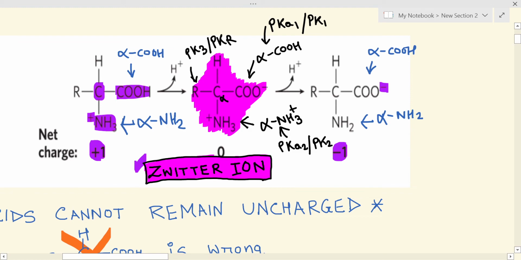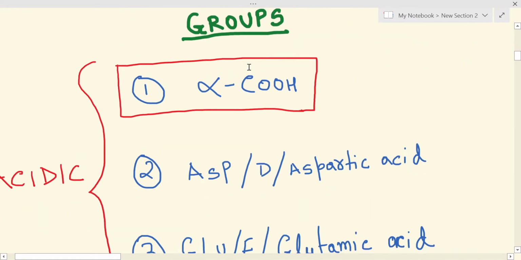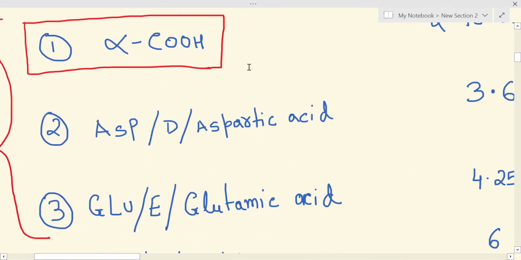Okay, so alpha COOH will have pKa1 or pK1, alpha NH3 plus will have pKa2 or pK2, and R group will have pK3 or pKr. I hope it is clear. It is just nomenclature to differentiate various groups and their pKa values.